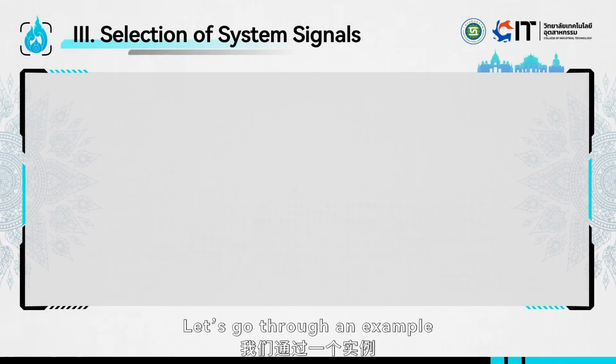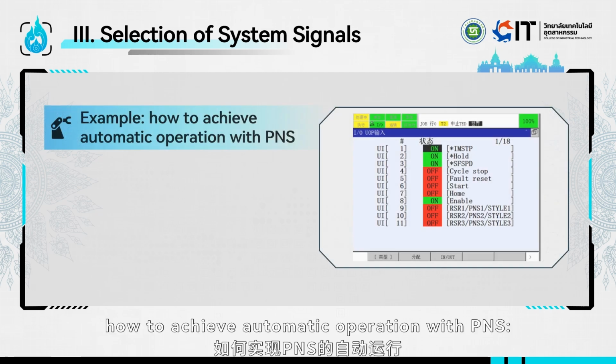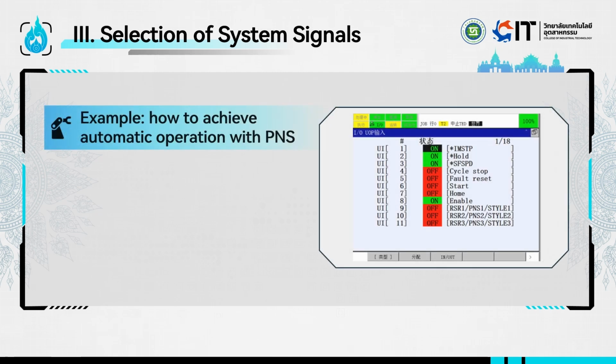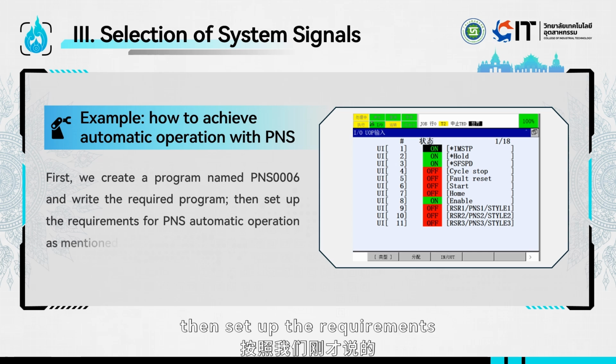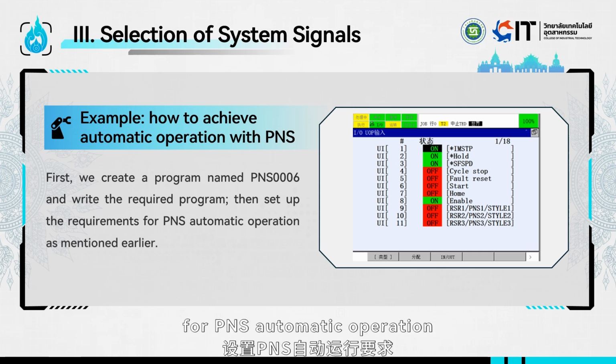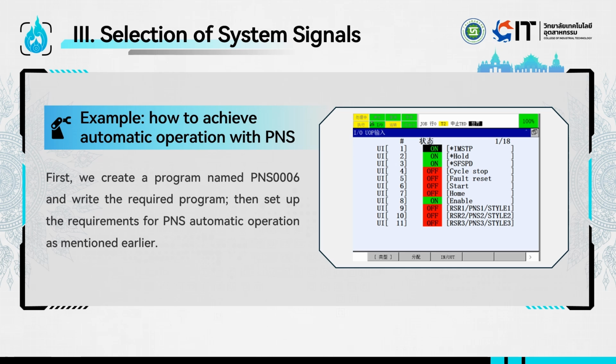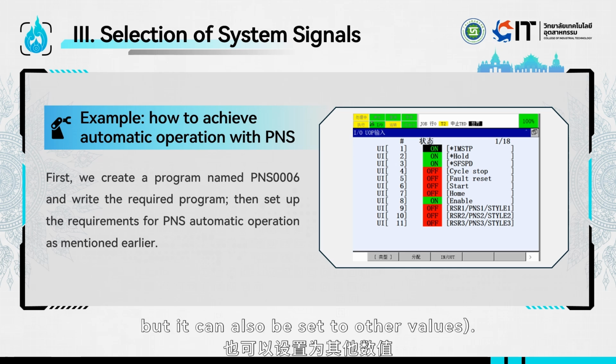Let's go through an example to specifically illustrate how to achieve automatic operation with PNS. First, we create a program named PNS0006 and write the required program, then set up the requirements for PNS automatic operation as mentioned earlier. The base number here is set to 0, but it can also be set to other values.